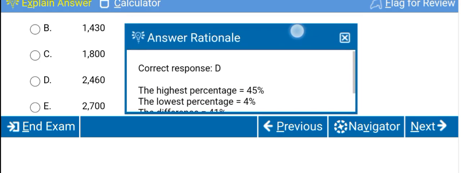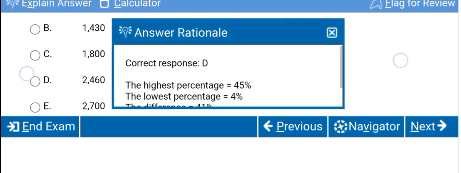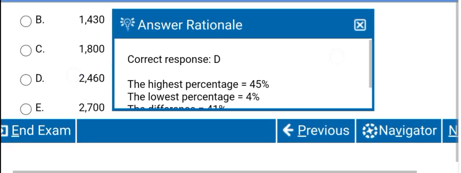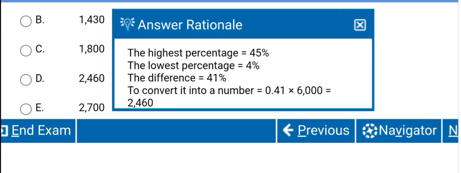So the correct response we have is option D, that the highest percentage equals 45% and the lowest percentage equals 4%. The difference equals 41%.